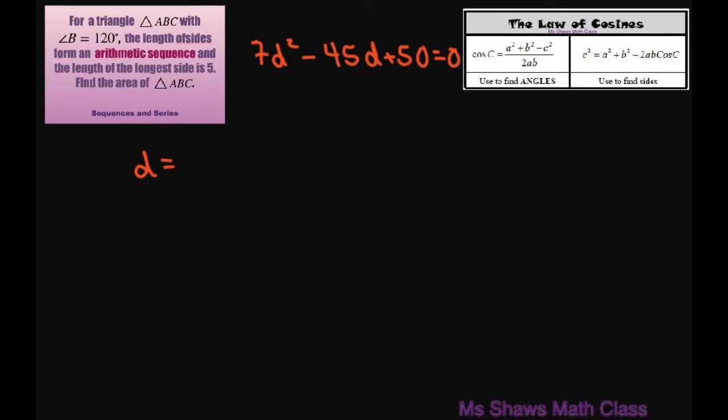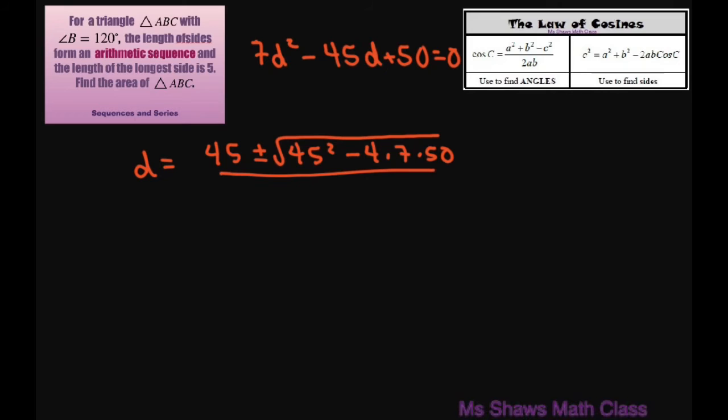So we get d equals negative b, so that's 45 plus or minus the square root of 45 squared minus 4 times 7 times 50, all divided by 2 times a, which is 14.